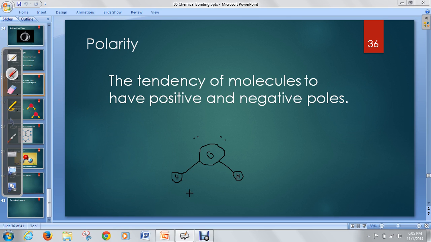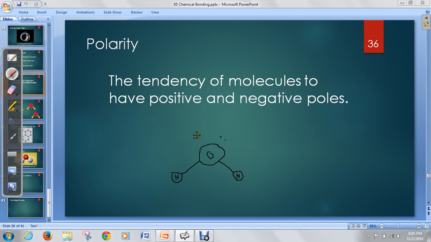If you think about it, this molecule is not symmetric. It has this bent shape, but it's also not symmetric in charge, because these two electrons right here and these two electrons right here are both on the same side of the oxygen. So this side is more negative than this side.